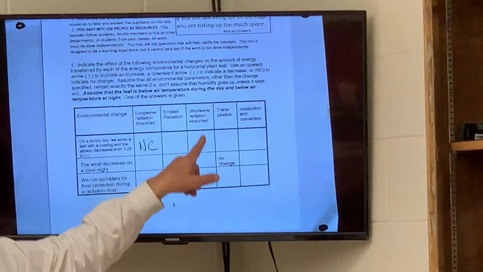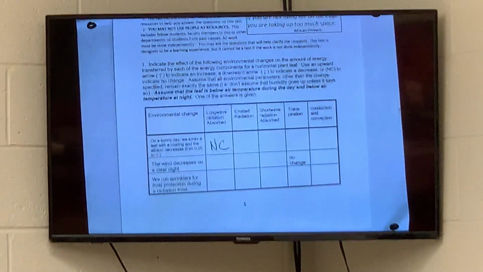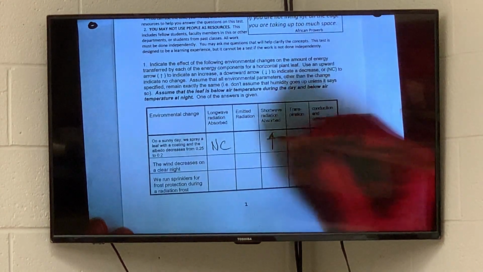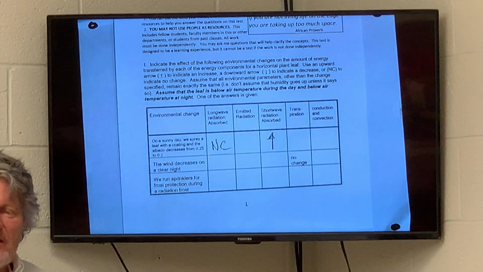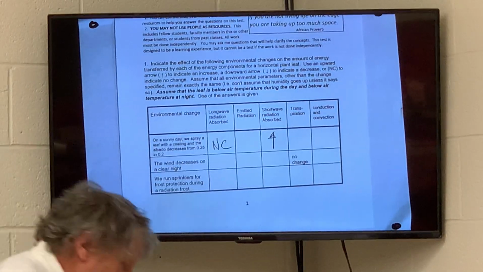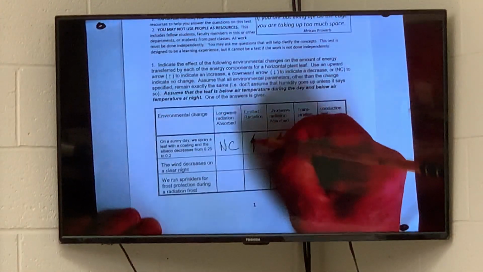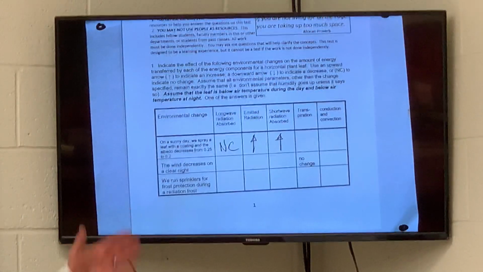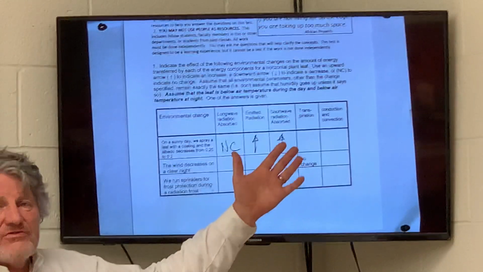So shortwave radiation absorbed is going to go up, and if it goes up, the emitted is going to go up because the leaf is warming up. Nothing else changes.